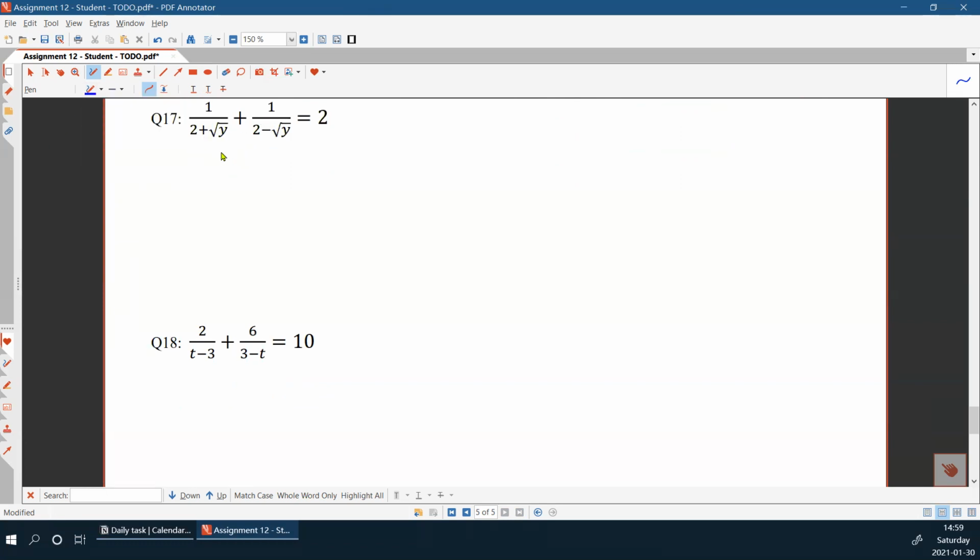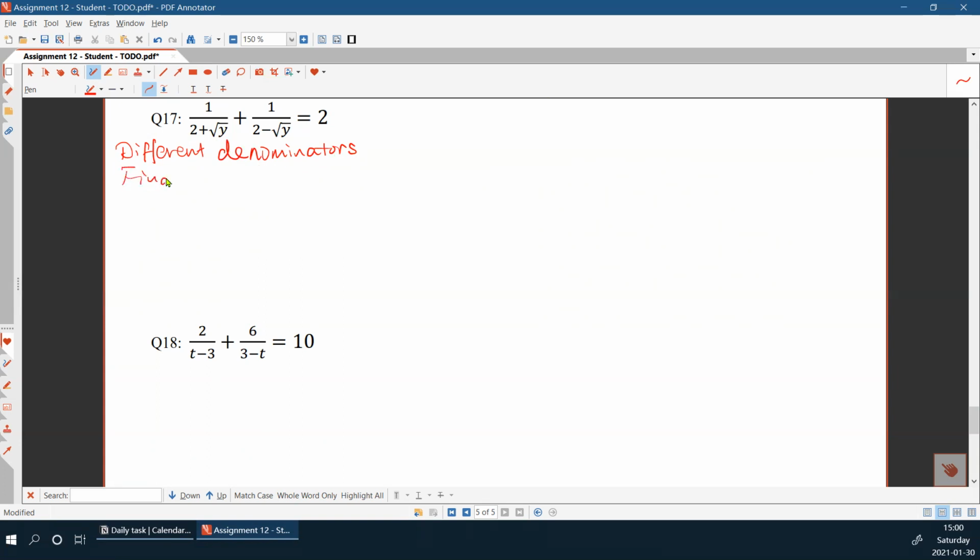Okay, at first glance, it seems that we cannot merge these two ratios directly, right? Because now we have different denominators. So how can we deal with different denominators?